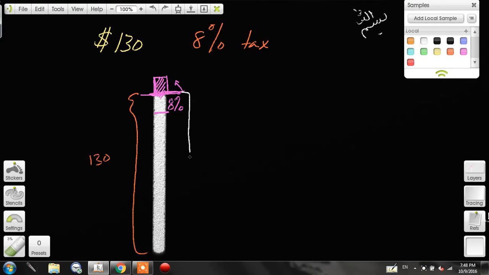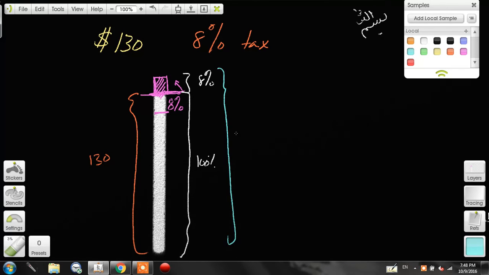Now from here, the original price is 100% of the price. You took 8% of that and added another 8%. So the total cost is just the addition of those two. It's going to be 108% of the original price.